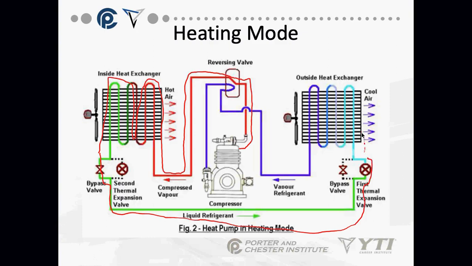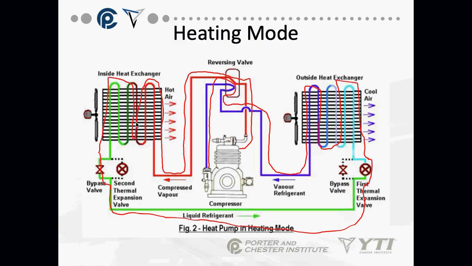Okay? And it now boils off, and as it boils off, it absorbs heat. Once it's a vapor, it starts adding superheat, and it comes back as a vapor refrigerant through my reversing valve with that U and onto my compressor. That's the heating cycle. Indoor coil is now my condenser.